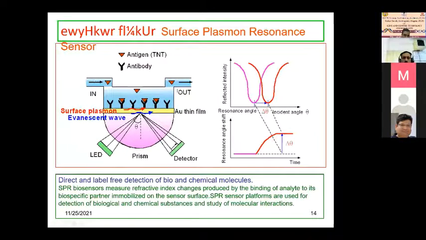Your buffer, the PBS, is coming in and going out, and the flow rate may be 10 or 20 microliters per minute, a very small flow rate. The quantity that you require for the detection is also not very high, only a few microliters. 5 to 10 microliters is sufficient for the detection. You do not need 100 microliters or so. So a smaller quantity is required.